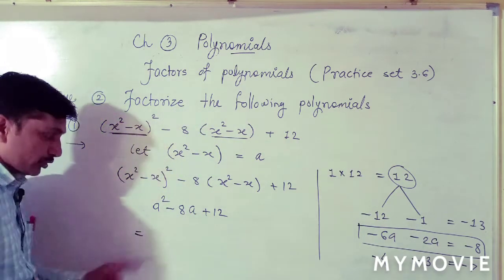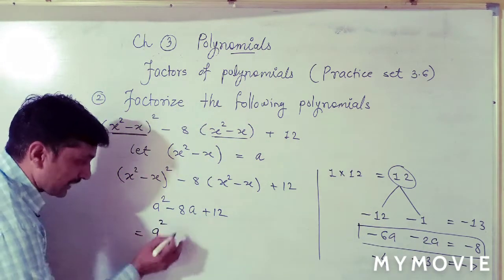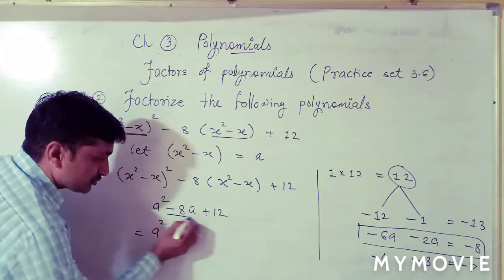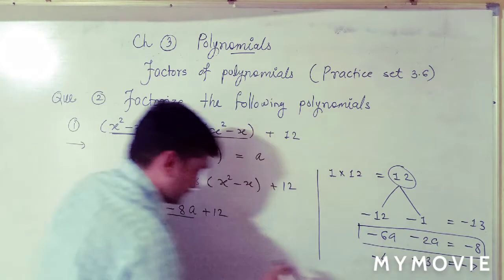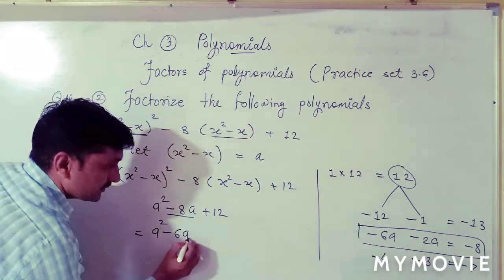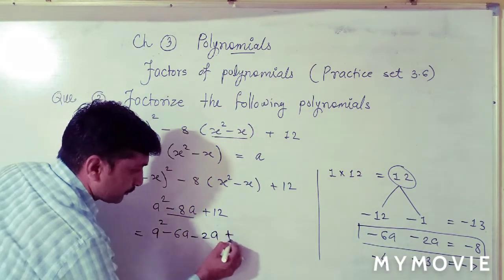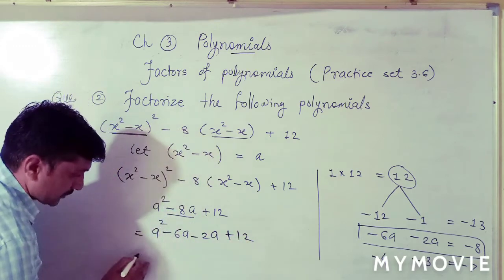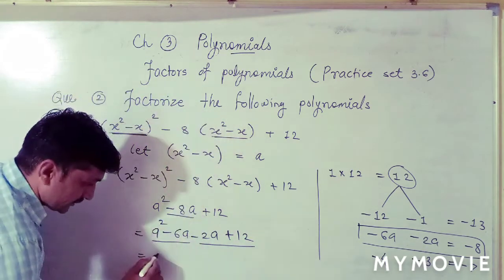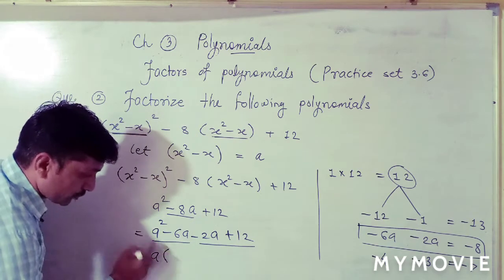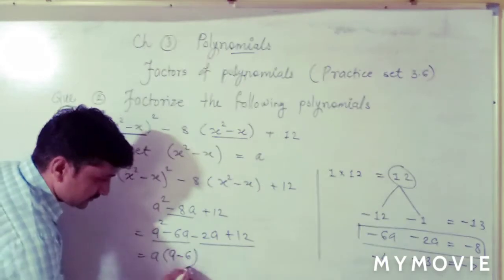Now we are solving here. A square, first term as it is. In place of the middle term, put these two factors: minus 6a, minus 2a, plus 12 as it is. After that, grouping. Common from here a, in bracket uncommon a minus 6.